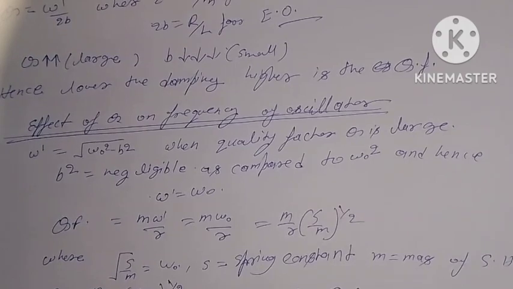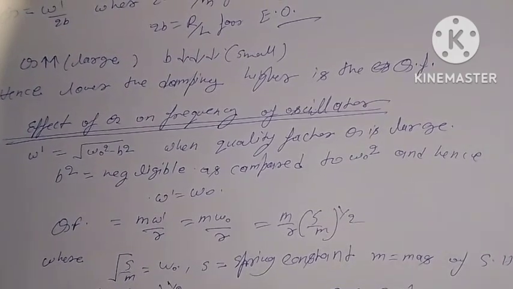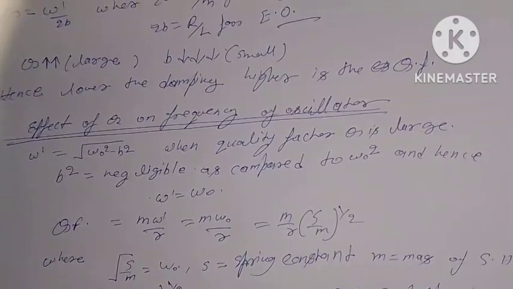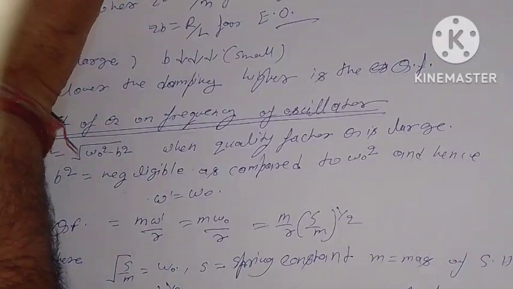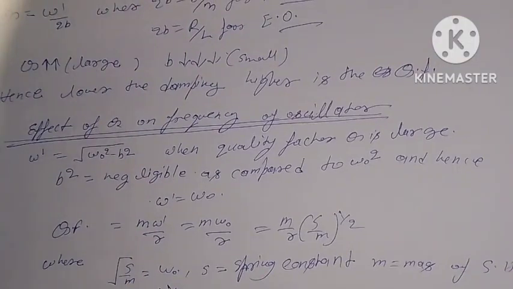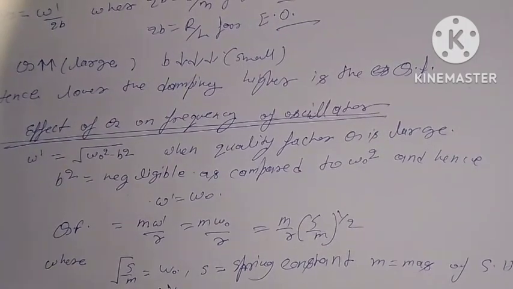And the quality factor is constant, then omega dash equal to omega naught, a constant.